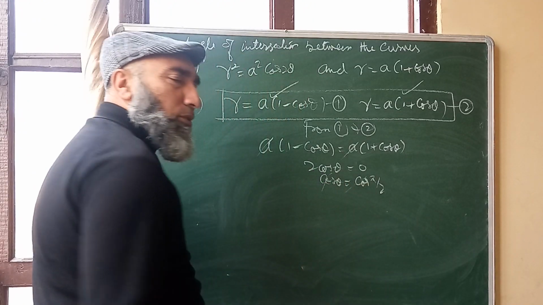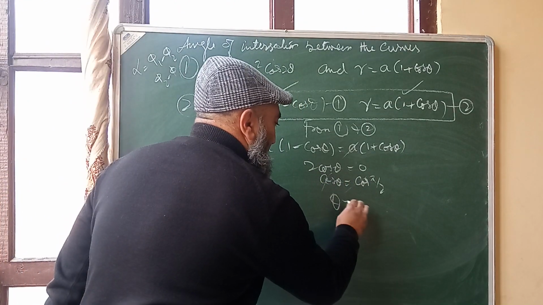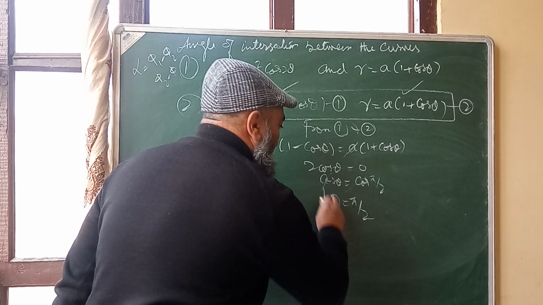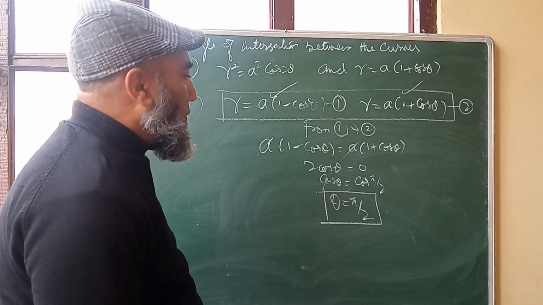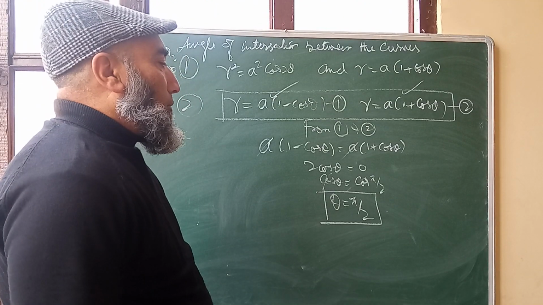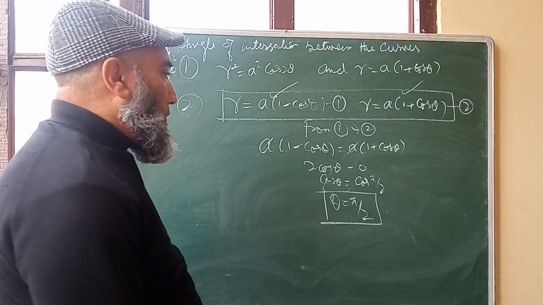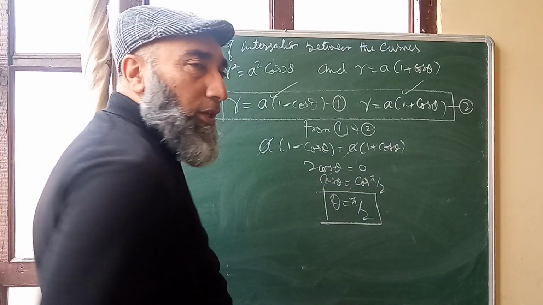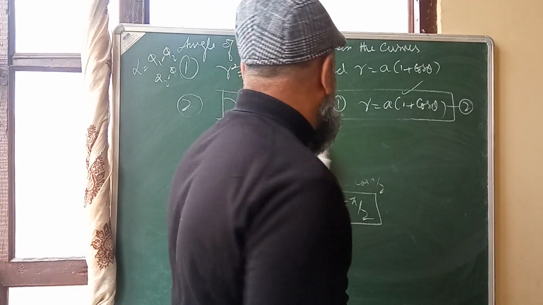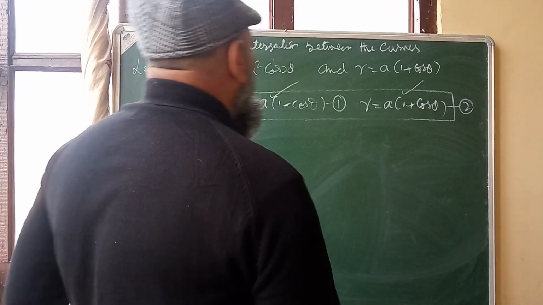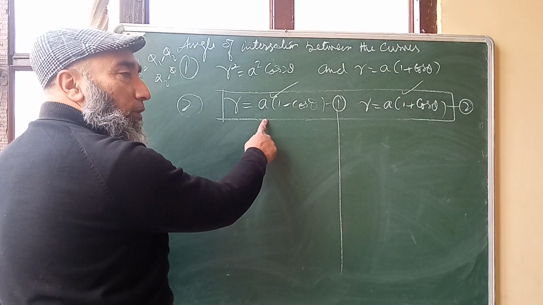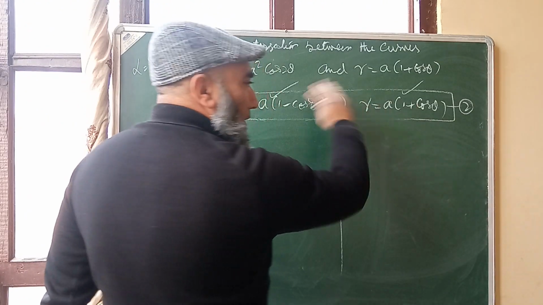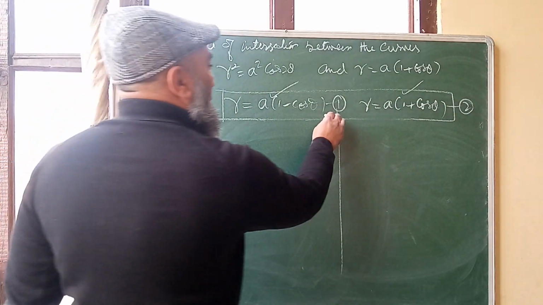A particular case, so theta is pi by 2. Cos 3 pi by 2 is also 0, so theta is pi by 2. So now I know what theta is. Now I have two curves, r and r. Let me find phi 1 for this or phi 2 for this, whatever you like. So let me differentiate with respect to theta.